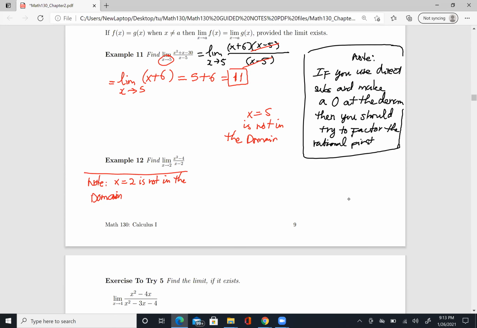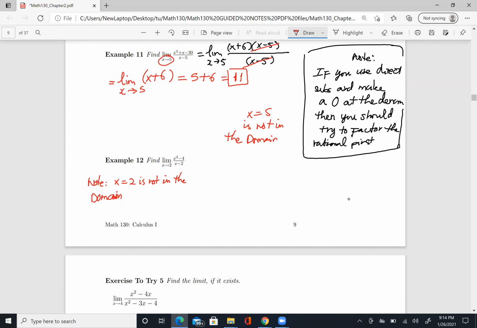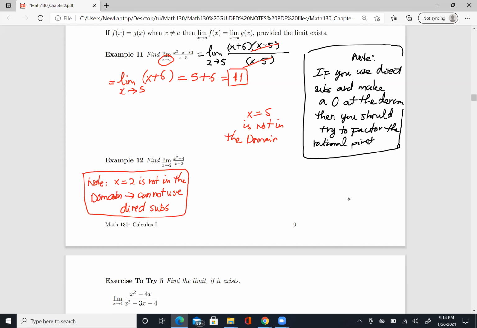So now you cannot use direct substitution. Okay, so you have to factor first.